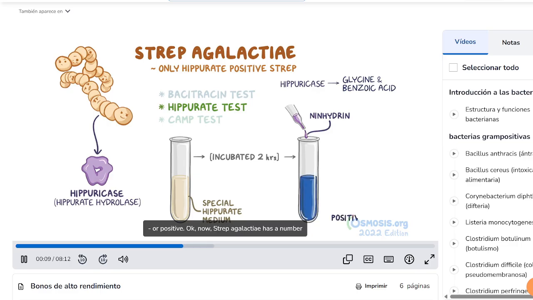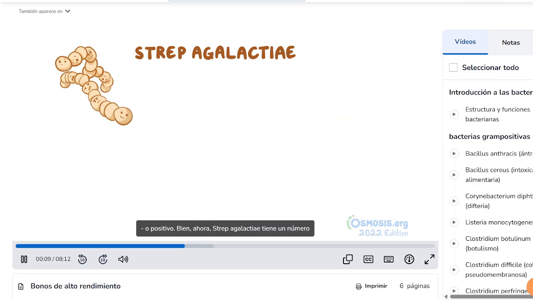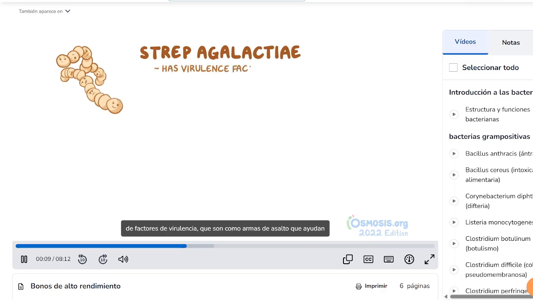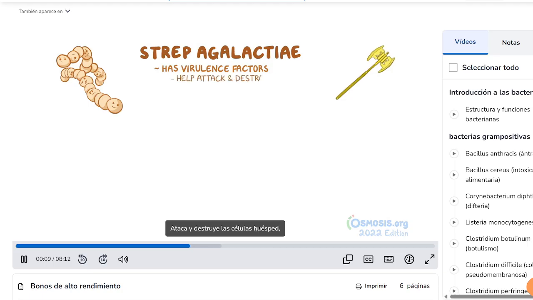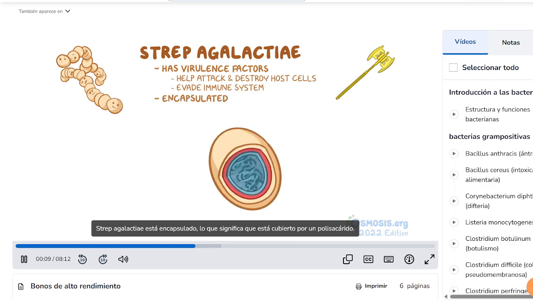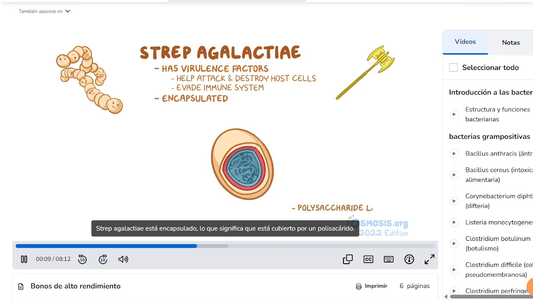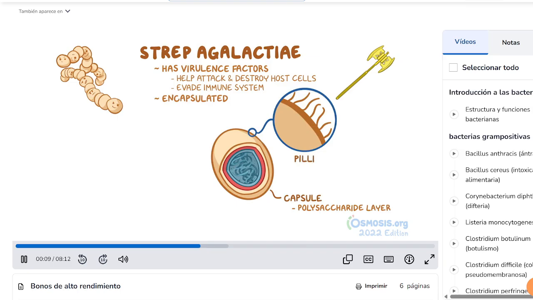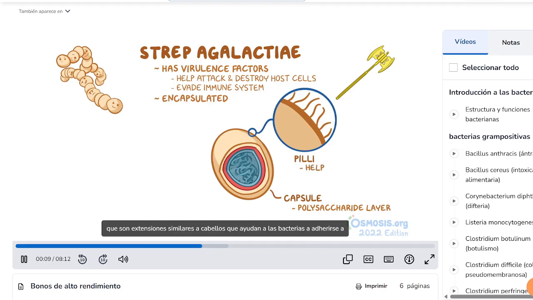Alright, now Strep agalactiae has a number of virulence factors that are assault weaponry and help it attack and destroy the host cells, and evade the immune system. First, Strep agalactiae is encapsulated, meaning it's covered by a polysaccharide layer called a capsule. The capsule also has pili, which are hair-like extensions that help the bacteria attach to a host cell.